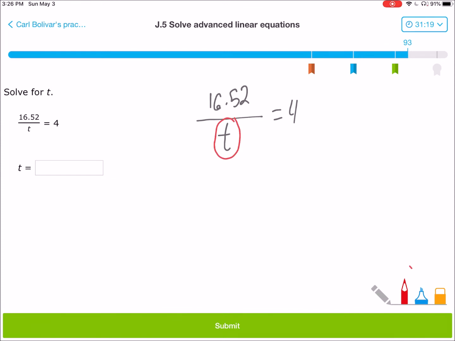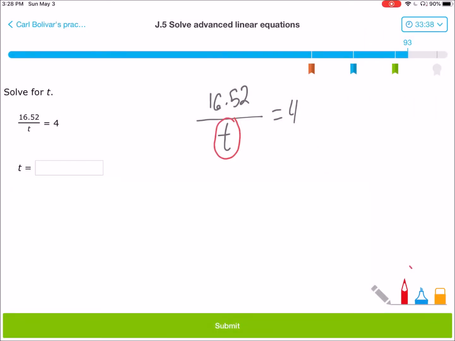Because we want to separate the t, we will multiply by t, and what we will get is 16.52 is equal to 4t.